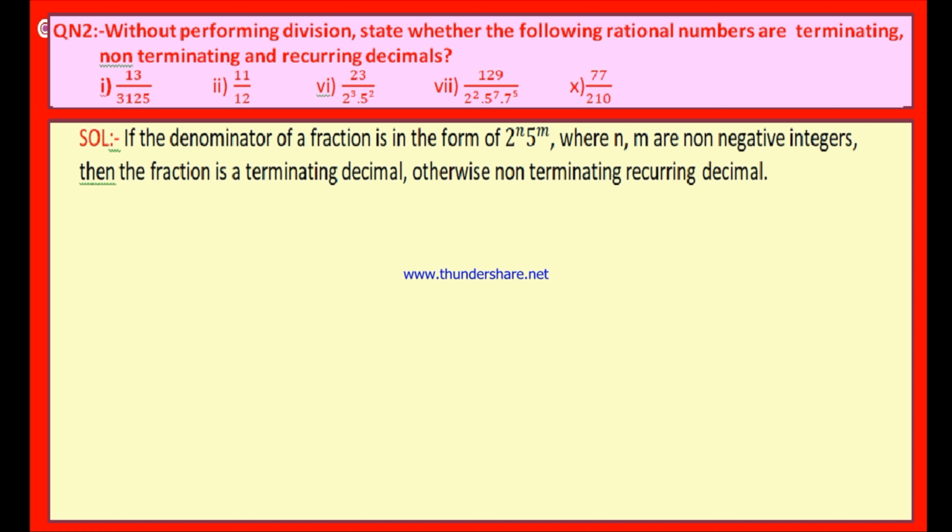Otherwise it is a non-terminating recurring decimal. If the denominator is not in the form of 2 power n 5 power m, then the fraction is a non-terminating recurring decimal.